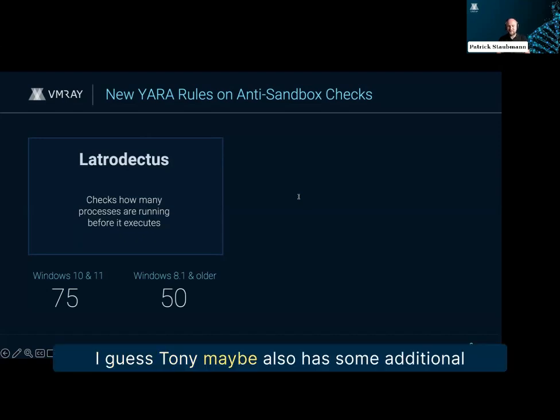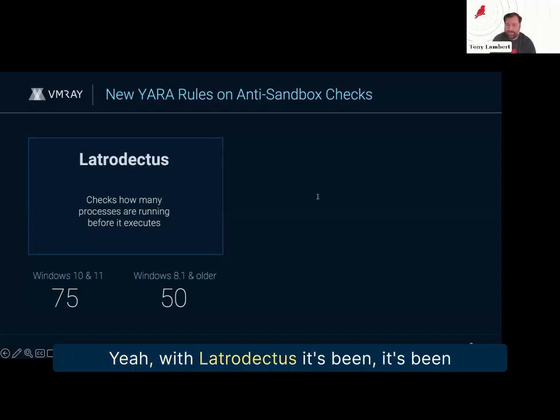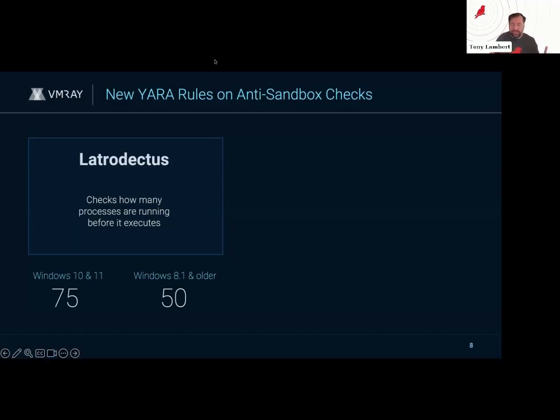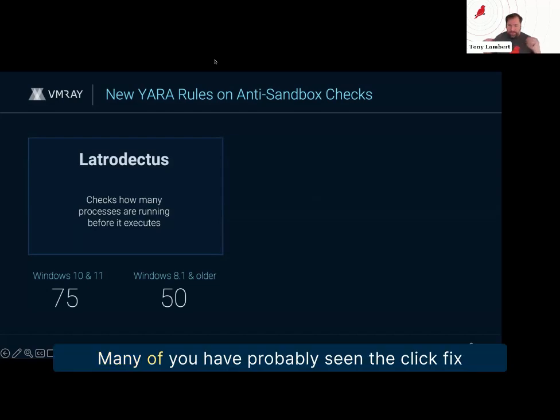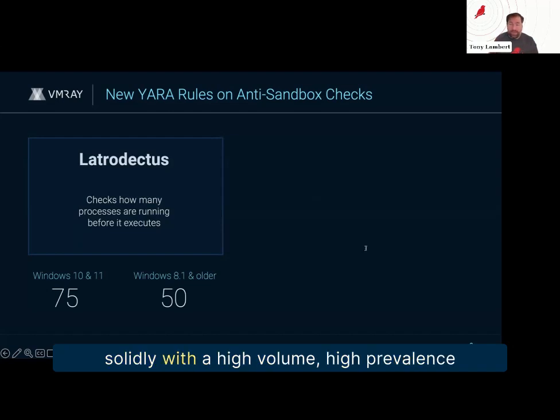I guess Tony maybe also has some additional insights and points to add here. Yeah, with Latrodectus, it's been interesting to see how some of these malware families have adapted to the times. Many of you have probably seen the ClickFix or paste and run fake CAPTCHA campaigns that have been going in the wild very solidly, with high volume and high prevalence since probably last November.